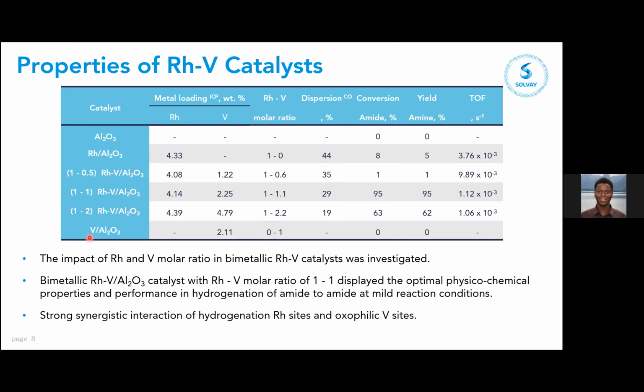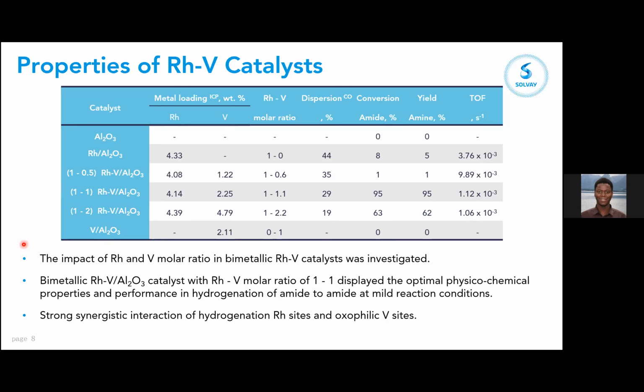And we also noticed that when you conduct the hydrogenation reaction using only vanadium, it's not sufficient. Although vanadium, we believe, is an oxophilic center, if you do not have the hydrogenation active site, you will not have any catalytic activity at all in the hydrogenation reaction.